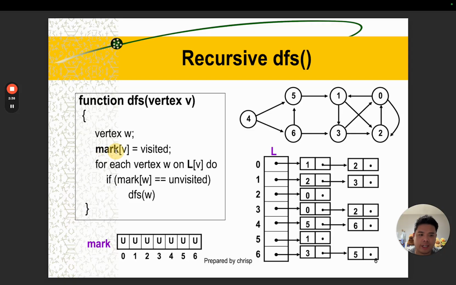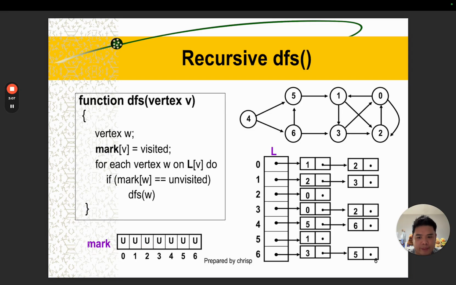Mark, what is mark? Mark is basically an array that is the same size as the number of vertices. I have 7 vertices here, which is represented by an array of 7 indices from 0 to 6. And we mark all of the elements in that array to be unvisited.